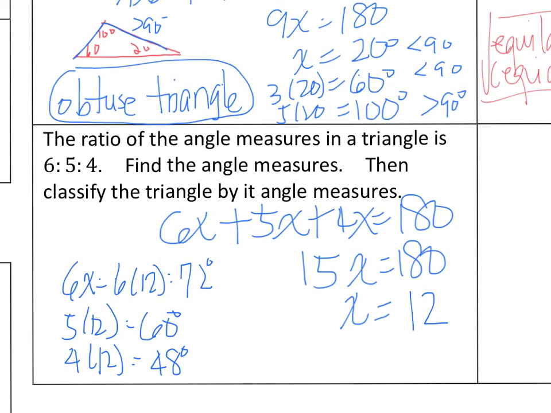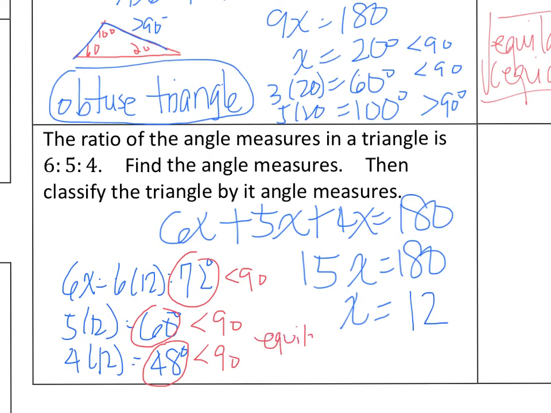And then these are all less than 90, and they're all different. So it cannot be an equilateral triangle. Nope, it cannot be an isosceles.